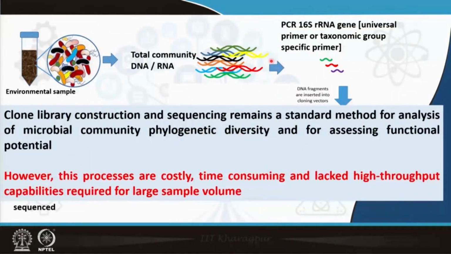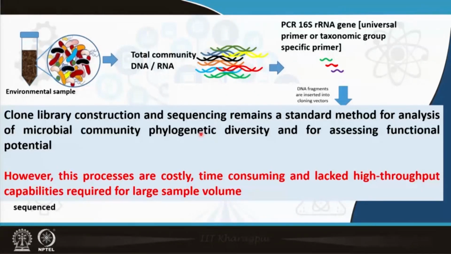So clone library construction and sequencing remains a standard method for analysis of microbial community phylogenetic diversity, and for assessing the functional potential, not only for 16S but also for many functional genes that we have discussed already in some other lecture, that a large number of genes are available which are very important marker genes for different environmentally relevant processes.